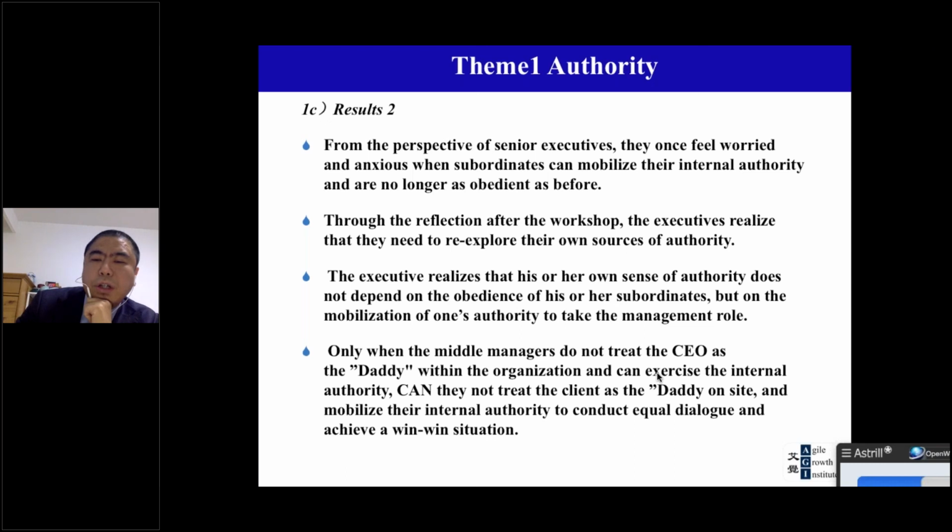Only when the middle managers do not treat the CEO as the daddy within the organization and can exercise the internal authority, can they not treat the client as the daddy on site and mobilize their internal authority to conduct equal dialogue and achieve a win-win situation.